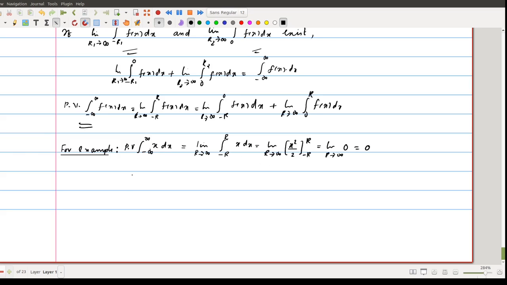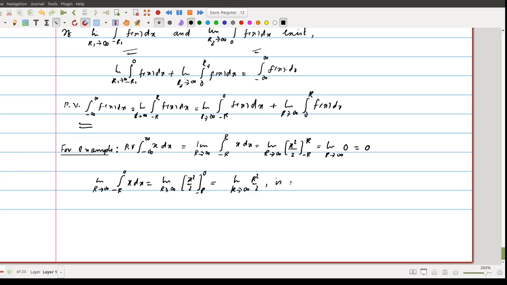But if you try to evaluate the limit as r tends to infinity of the integral from minus r to 0 of f of x dx, where f of x is x, then we can easily see that as r tends to infinity, this integral will be x squared by 2 from minus r to 0. So this will be the limit as r tends to infinity of r squared by 2, but this does not exist, or this is not finite.